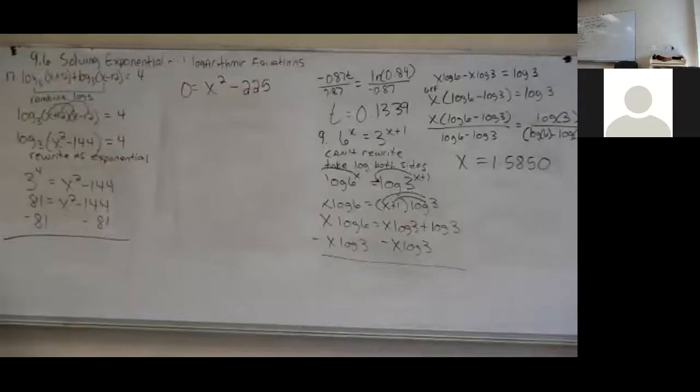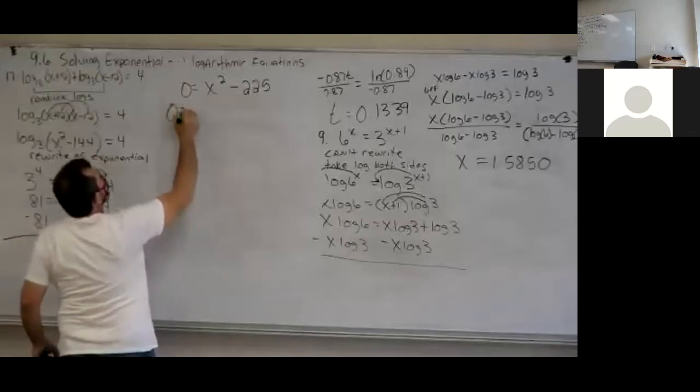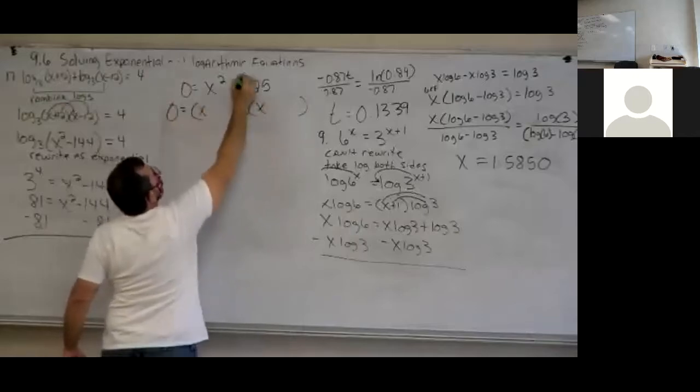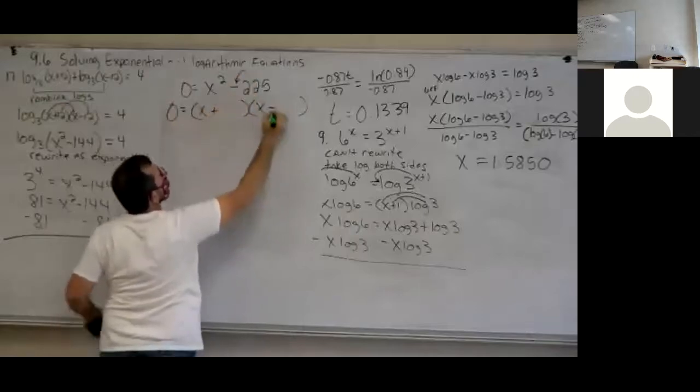So if you quad that, it's got to be 1, 0, negative 225. There's not an x in the middle, it's got to be a 0, okay? But y'all, I'm going to factor this. x and the x, last one's negative, so one's positive, one's negative.